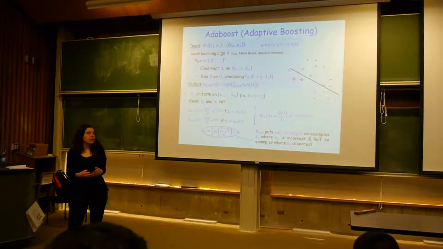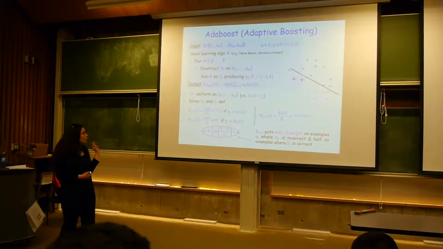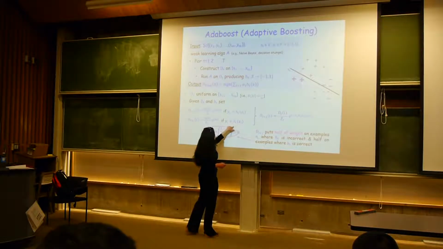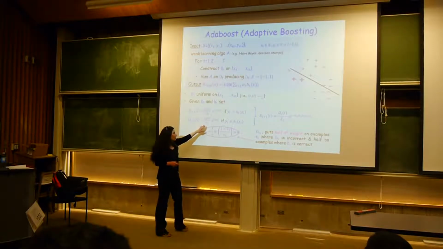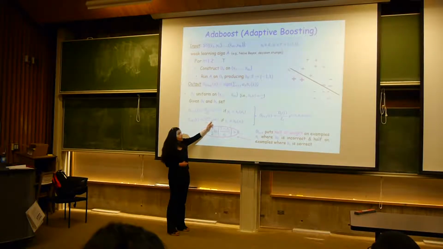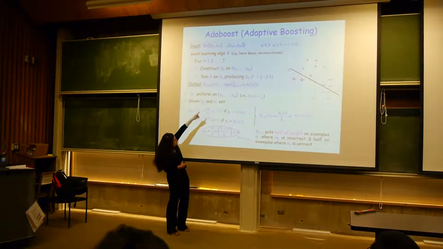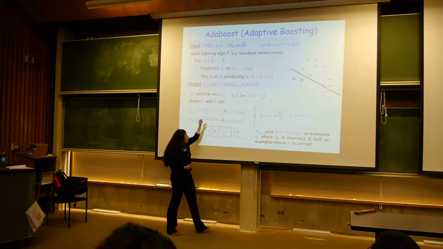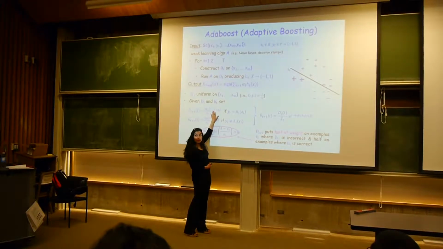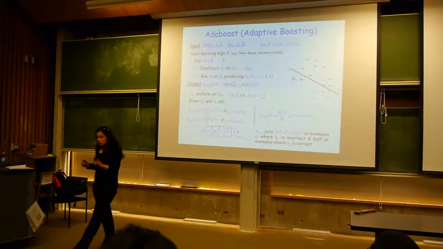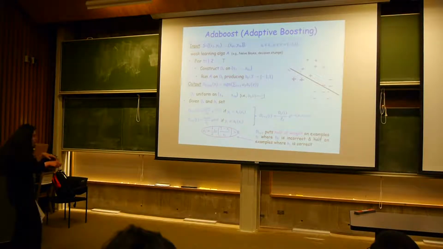More concretely, if an example is incorrectly classified, then we increase its weight multiplicatively by e to the alpha t, where alpha t is appropriately chosen as a function of the error rate of the classifier ht. And if it's correctly classified, we decrease its weight with the same factor. Okay? And this is the update rule.